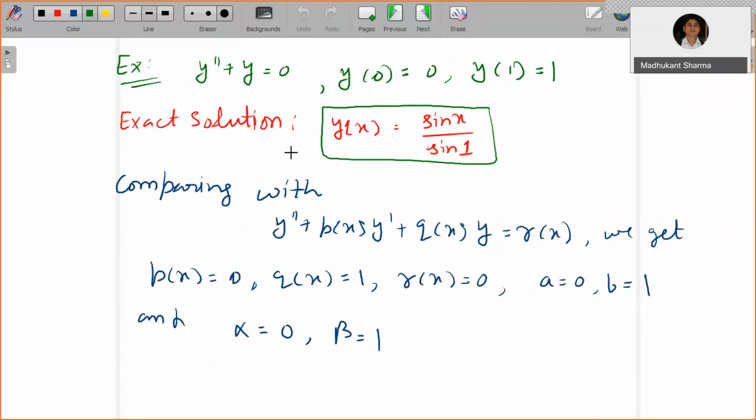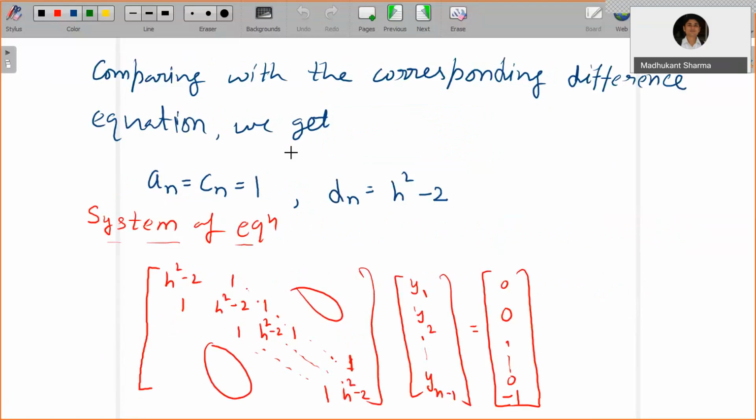Now we are going to compare it with the corresponding difference equation.